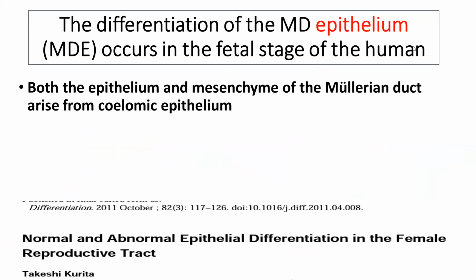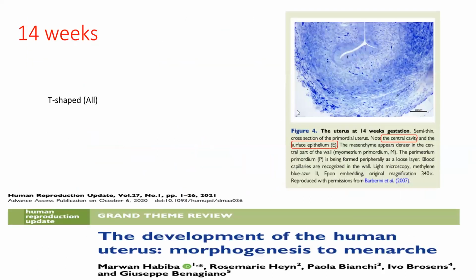And the differentiation of the epithelium occurs in the intrauterine life, of course. At 14 weeks, there is a central cavity of the uterus. If we have a cut section of the uterus, there is a central cavity covered by surface epithelium, which is inactive epithelium.